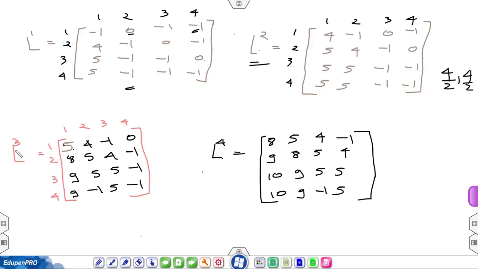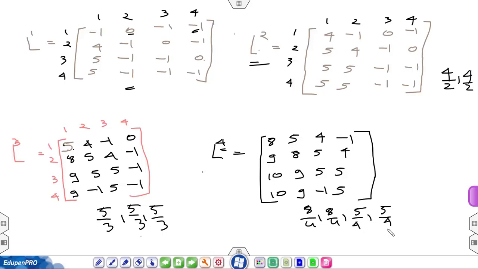Here m is 3 and the diagonal element is 5, so 5 by 3, 3 times 5 by 3 and 5 by 3. Here m is 4 and the diagonal elements are 8, 8, 5 and 5. So 8 by 4, 8 by 4, 5 by 4, 5 by 4.